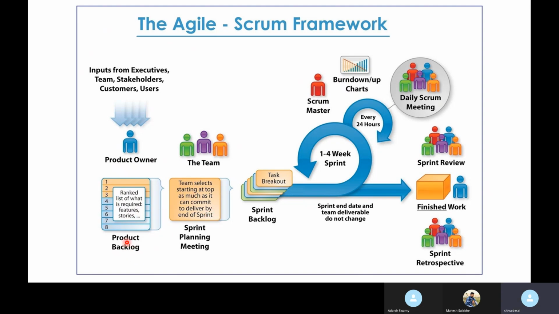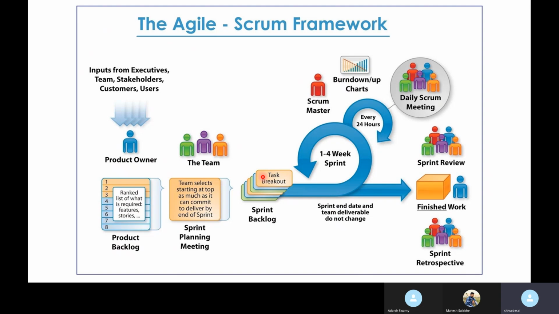It is called product backlog. This team will work on selected things, first 1 to 3 items I need. They will break out those items and make them into a time frame. For the first 3 weeks, one item should go online. Like that, the task is broken out with respect to time frame.